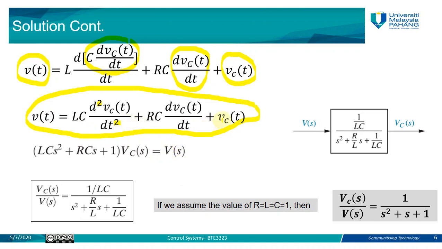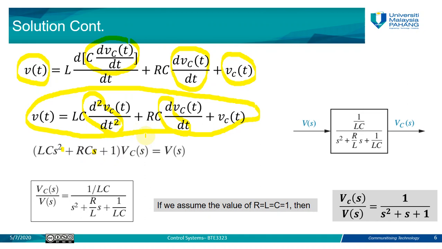Then LC d squared over dt squared, when converted by Laplace transform, gives s squared, and d over dt gives s, because each d over dt gives one s. If you have d squared over dt squared, you have s squared.